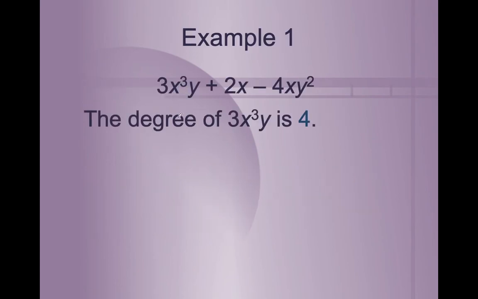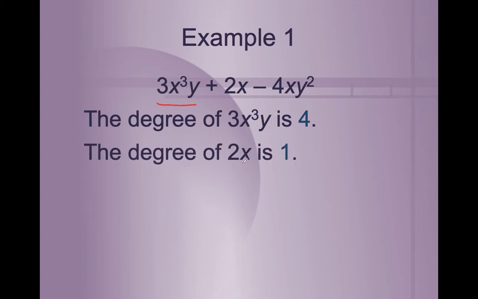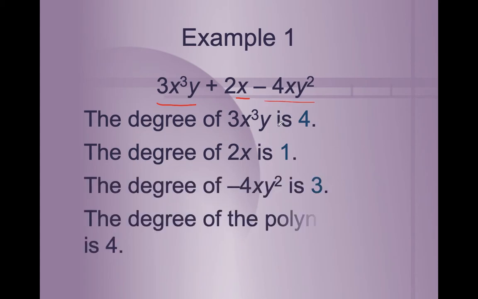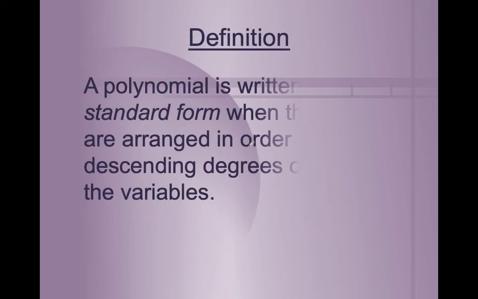The degree of this first term is going to be 4, because 3 plus 1 is 4. The degree of 2x is just 1, because you take the exponent of the variables. And the degree of this last term right here is going to be 3. So the degree of the polynomial is going to be 4, because you take the highest degree of that polynomial.